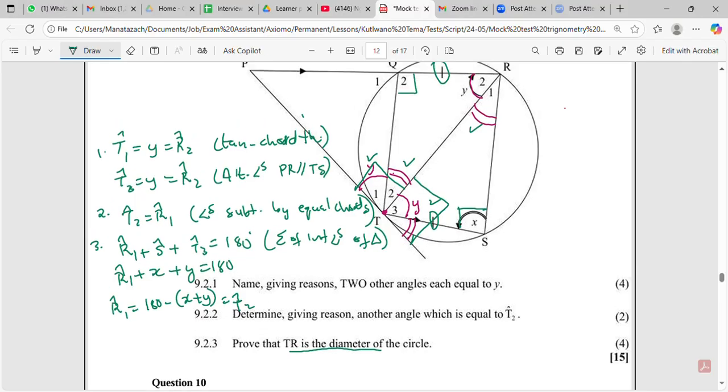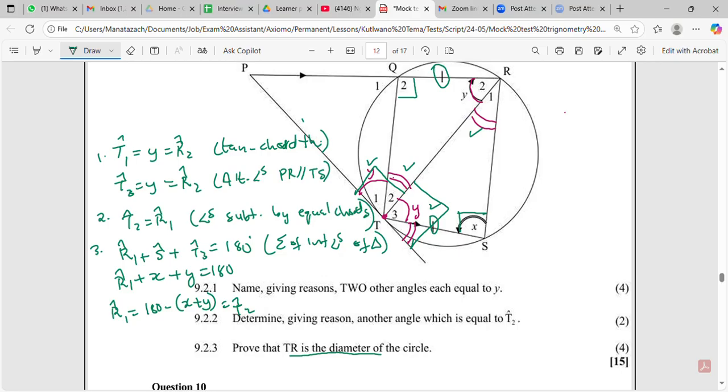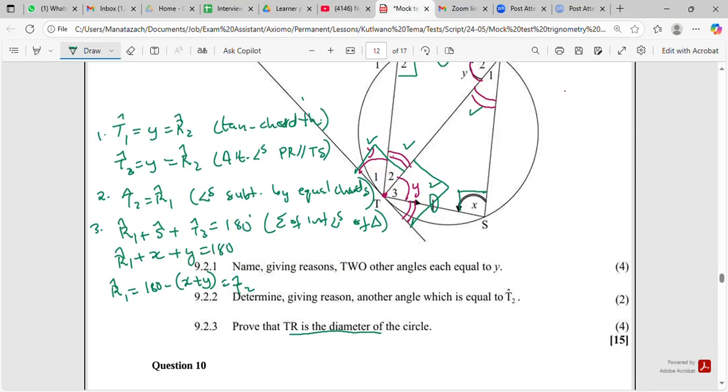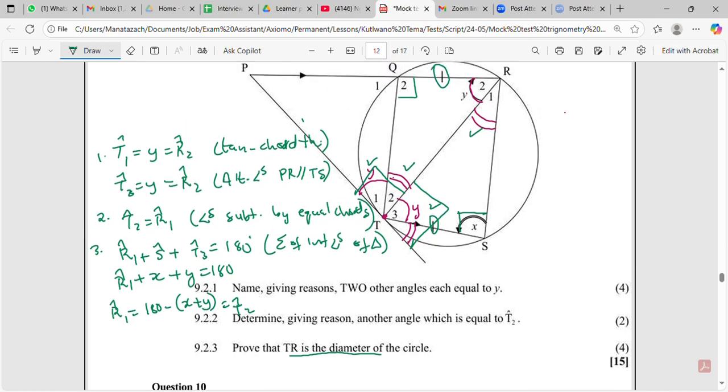Because you know for sure that PT is a tangent, that is given to us. So the next thing to find is T1 plus T2. You'll recall that T1 plus T2 is equal to angle S. That's a tangent, and that's a chord; for now we're going to treat TR as a chord.